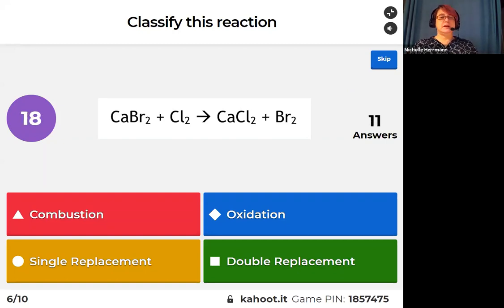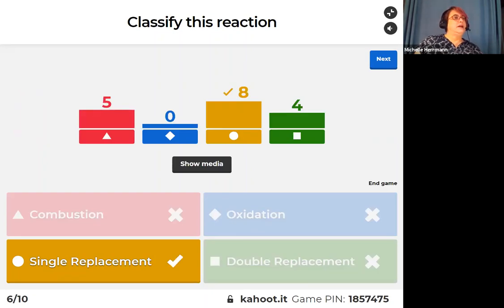Oh, sorry, I was reading these up. Sorry. Calcium bromide and chlorine. In the end, I have calcium chloride and bromine. Okay, this is a single replacement.